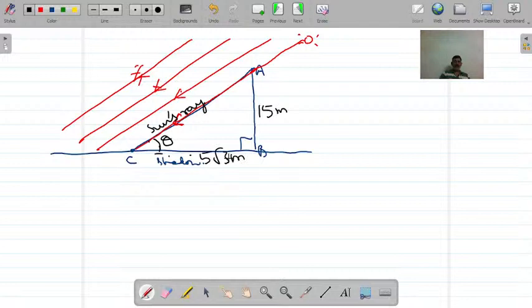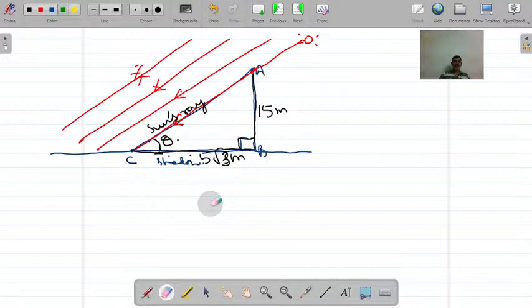The shadow is of length 5 root 3 meter, means in this figure BC is 5 root 3 and AB is 15. Now you have to find the angle. Now simply for this we have to go for it like this. Sin theta is equal to, wait here actually.